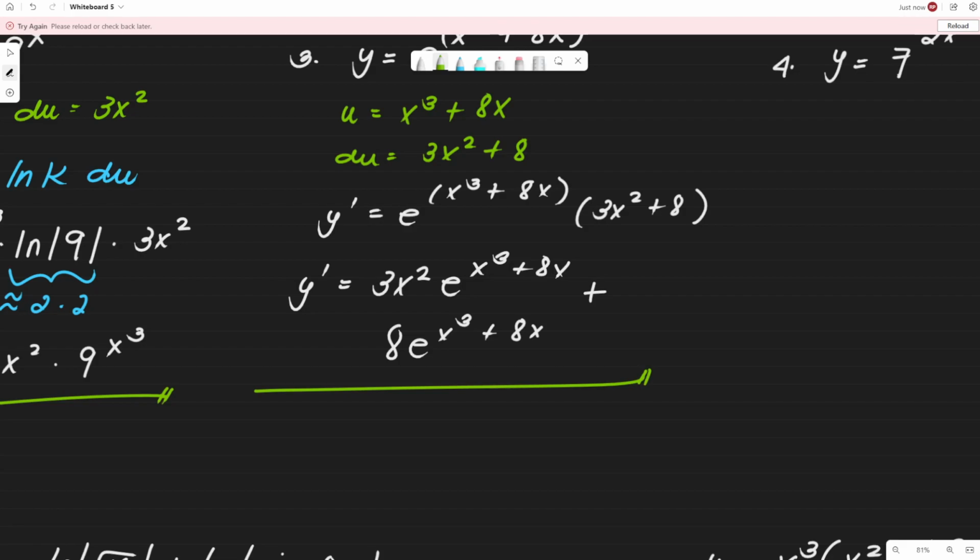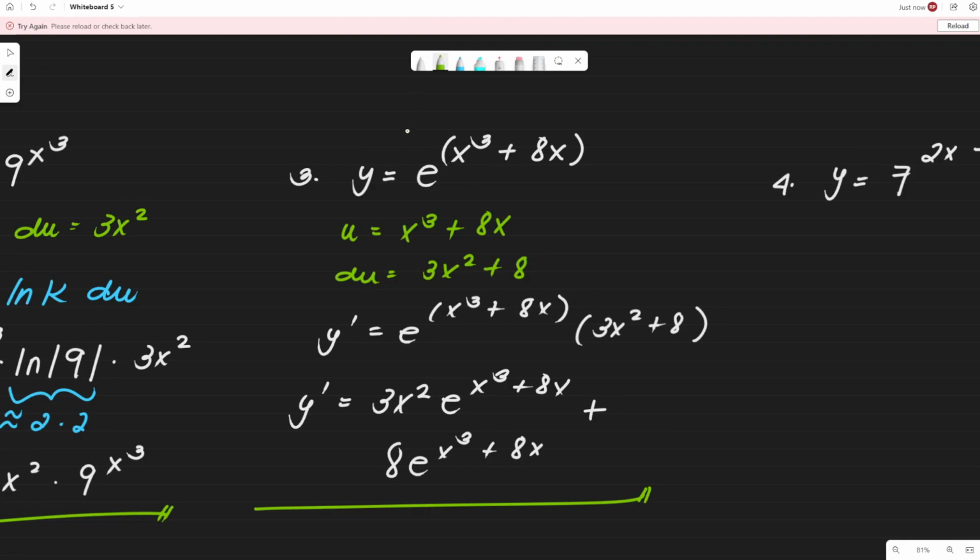Okay? So another method is paghihiwalayin ninyo. This one is actually equivalent to e raised to x cubed times e raised to 8x. Tapos, just solve the individual derivatives, then product rule. However, that will be mas mahaba ng kaunti.